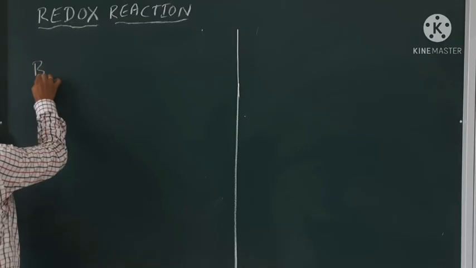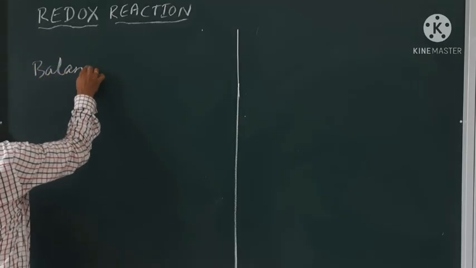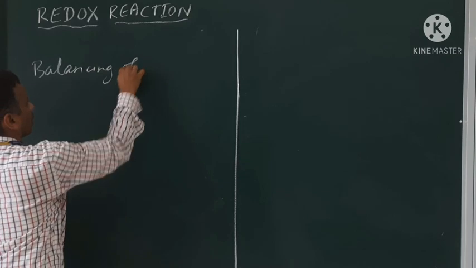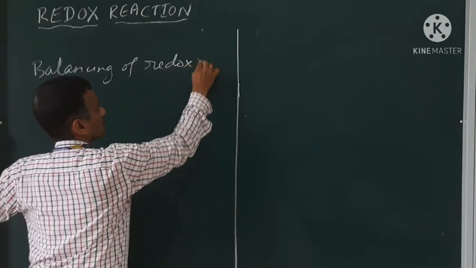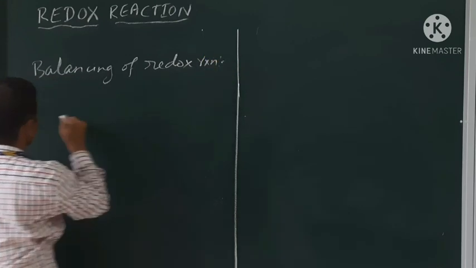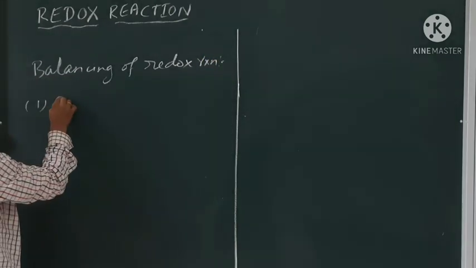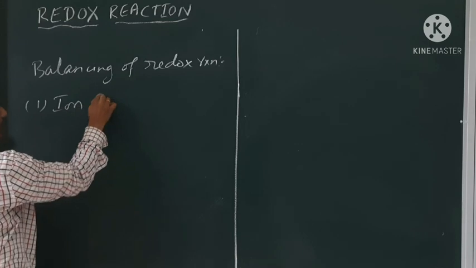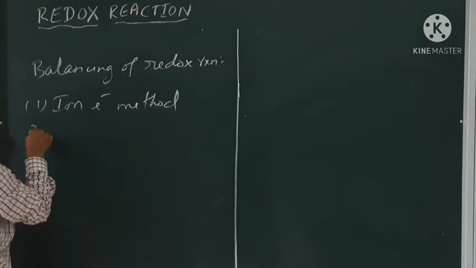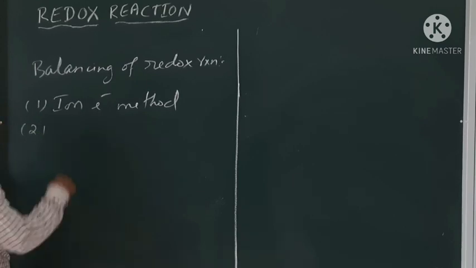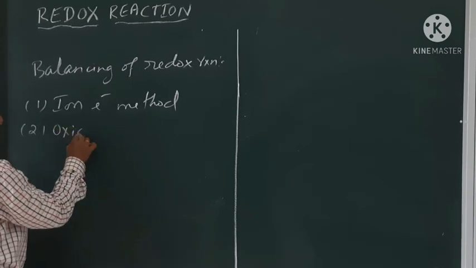The balancing of redox reaction, that is the ion electron method, then the oxidation number method.